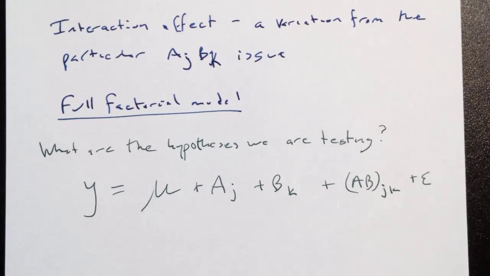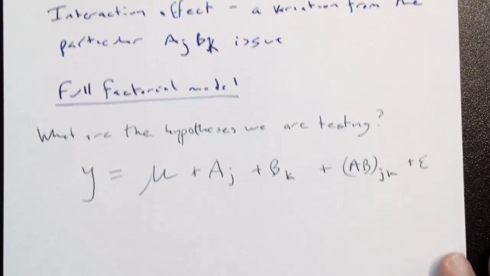What was I testing with the last one? About the A J and the B K. It would be just no variation in rows and no variation in columns. Right, so now I'm going to add. Exactly. So my null hypothesis, I have 3 null hypotheses.